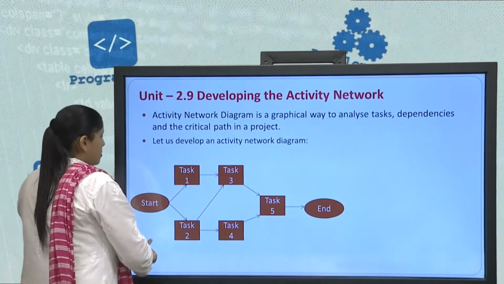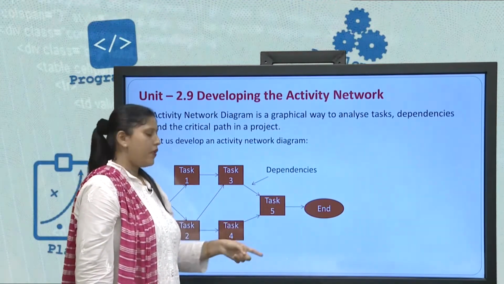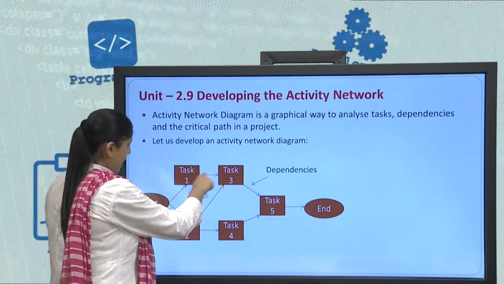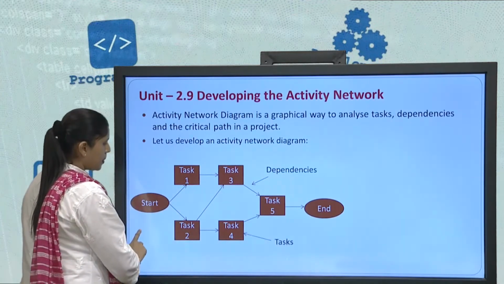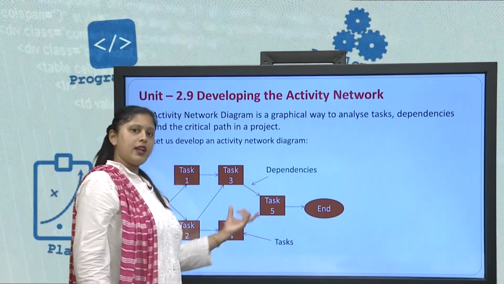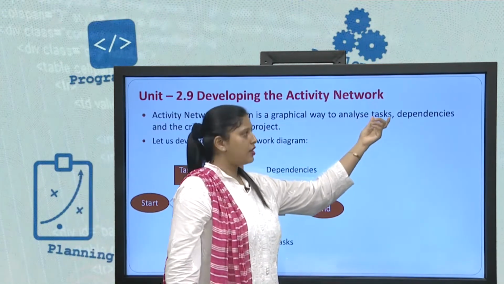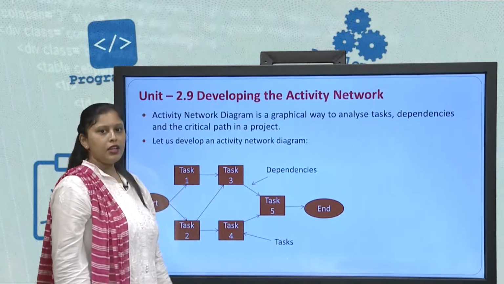Now, pay attention, these arrows that we see are called dependencies. All the arrows are called dependencies. These are our tasks. So it is a way to analyze your tasks, your dependencies and the critical path in a project.